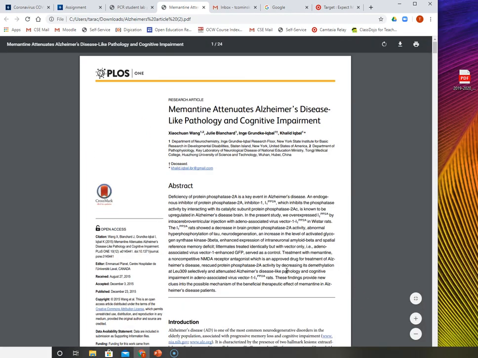I just want to tell you why I chose it and what to focus on, okay? So one thing, obviously this is related to Alzheimer's disease. It is looking at the effects of this drug, memantine, which is actually an approved treatment for Alzheimer's, and looking at the mechanism by which it might lead to behavioral improvement, right?